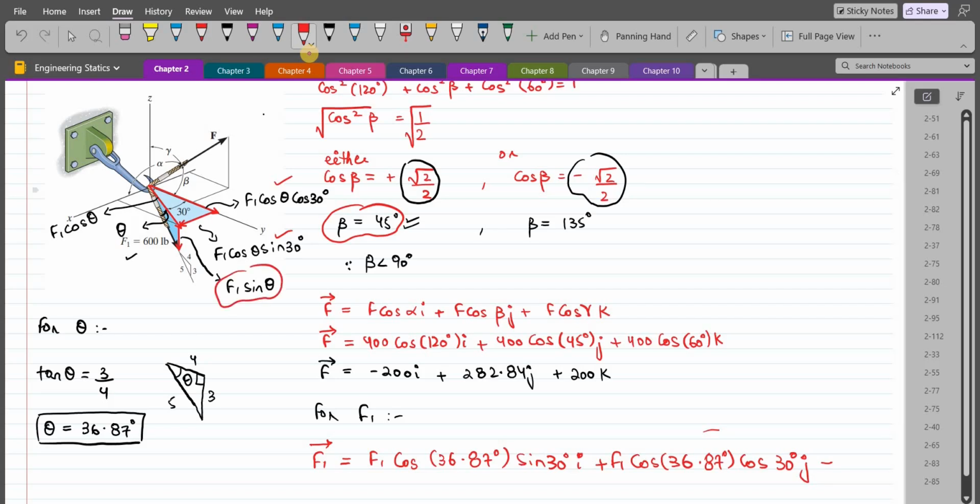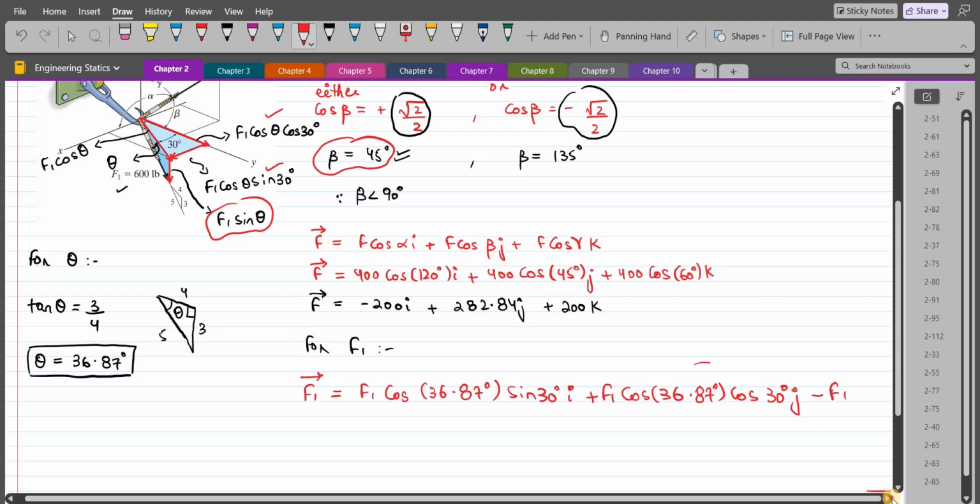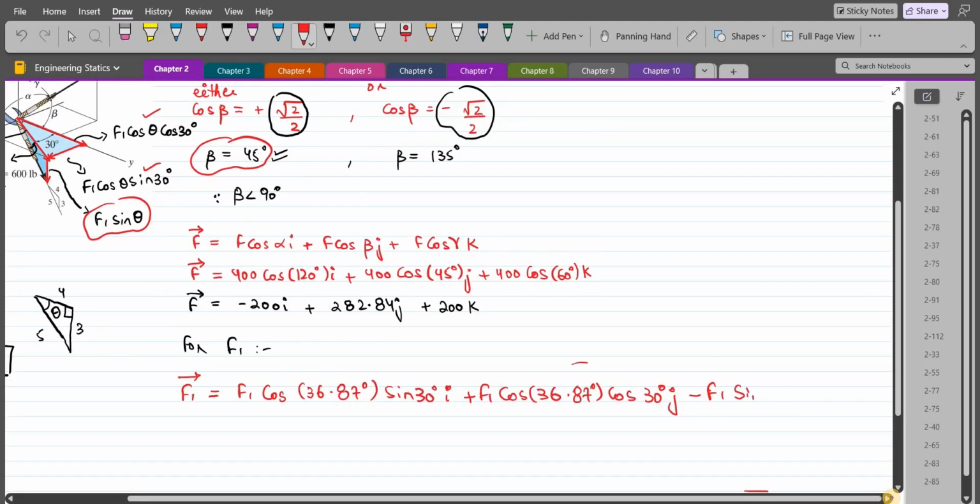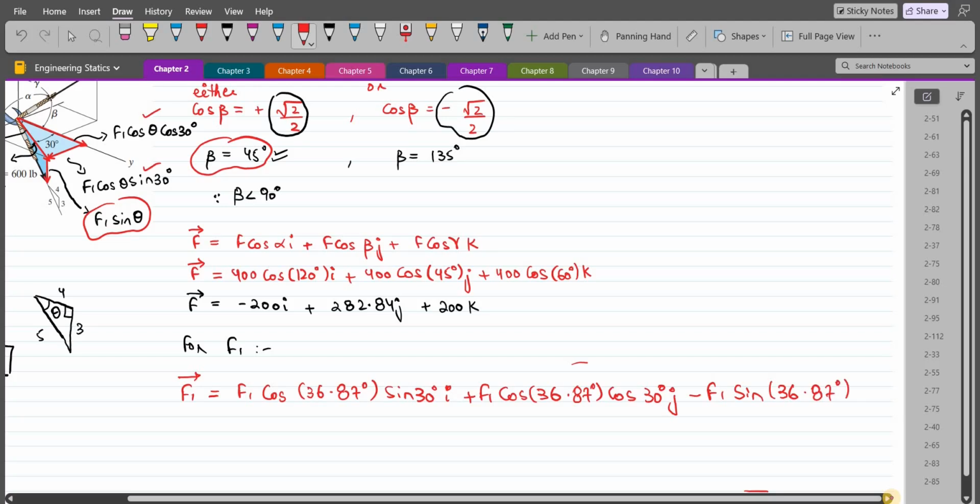And why minus? Because it's a negative z component. So negative F1 into sine 36.87 k.